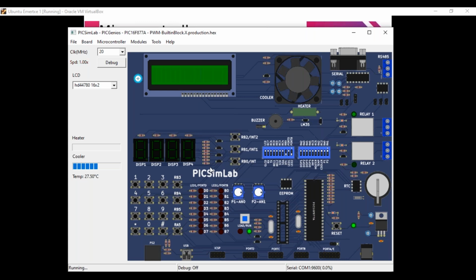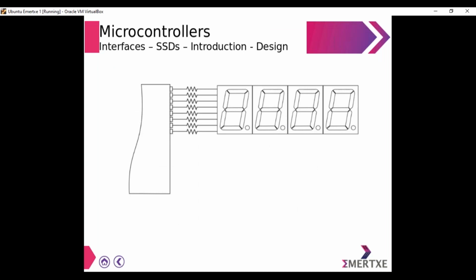Now, out of the 33 input output lines, will it be good to use 32 just for configuring an SSD? Obviously not. It would be a foolish decision to use 32 input output lines just to configure a single peripheral. So what we did was make a configuration like this.